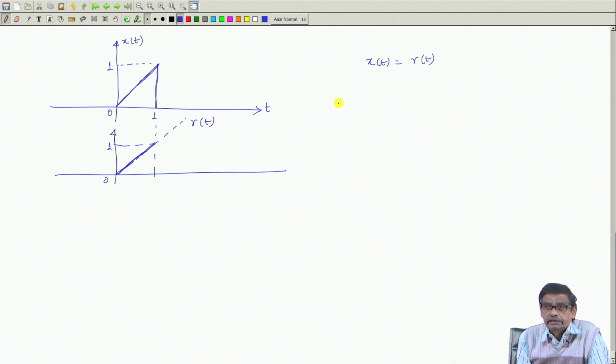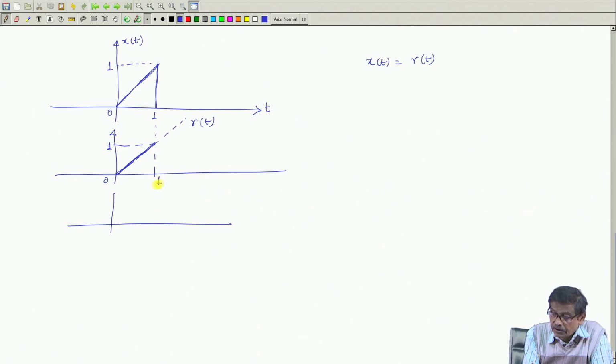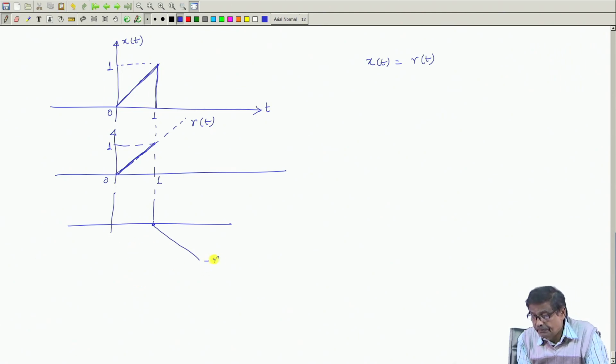Now, how can I make this function 0? So what you can do is this, at this point, that is t equal to 1, please follow me, you add another ramp here in the negative sense, minus r, a negative ramp no doubt, but shifted, r t minus 1. Therefore, I will say x t is equal to r t minus r t minus 1.